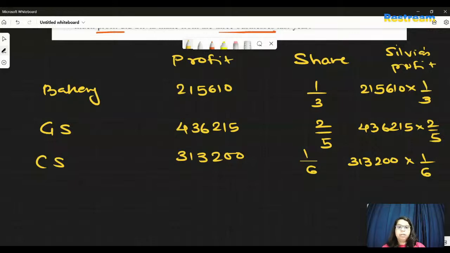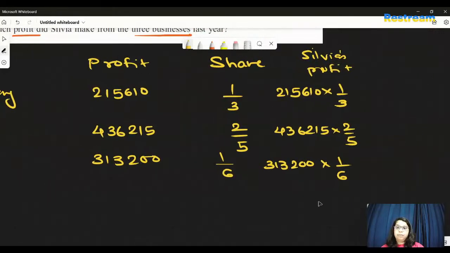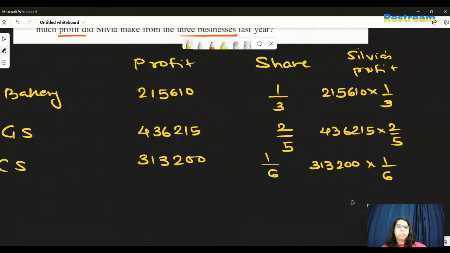So it is going to be 215,610 multiplied by 1 divided by 3. Okay, so it is 71,870. So this answer is 71,870.